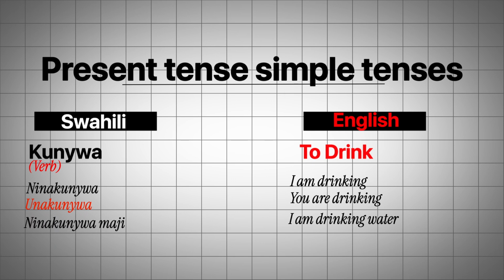So maji is water. And to say something like you are drinking tea, you can say unakunywa chai. Repeat after me. Unakunywa chai. Awesome.